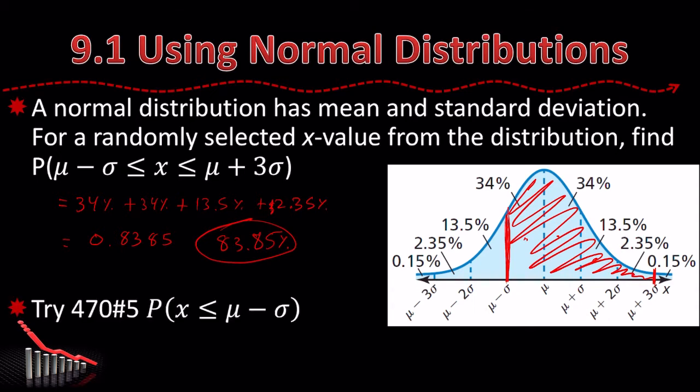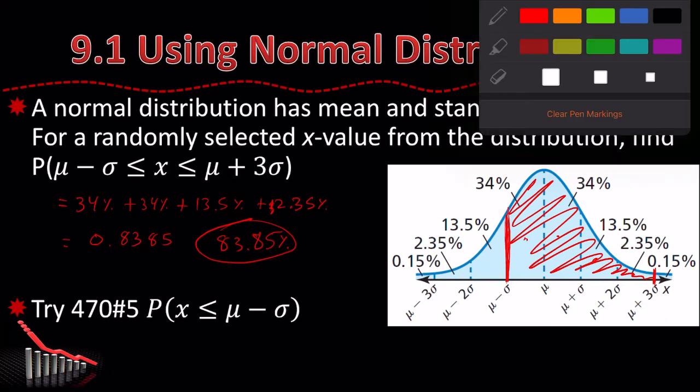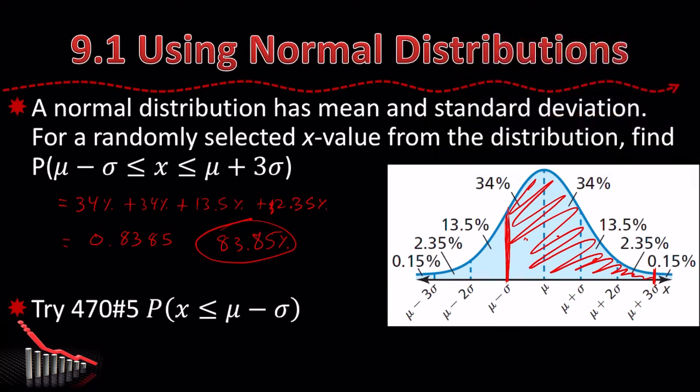Why don't you try page 470, number 5. Probability that x is less than mu minus a standard deviation. Pause this while you solve it. All right, here's mu minus standard deviation, so it's all that area.